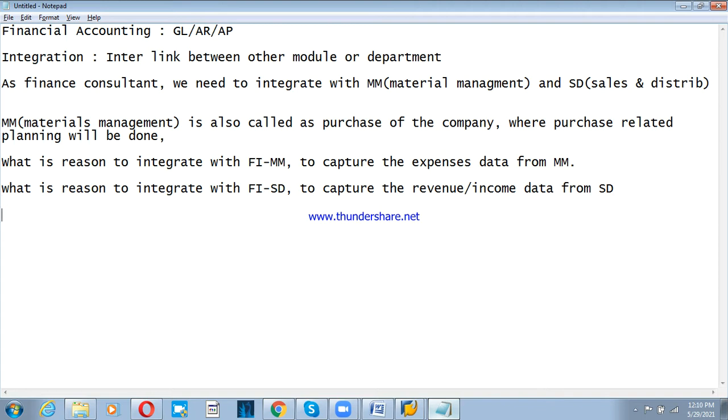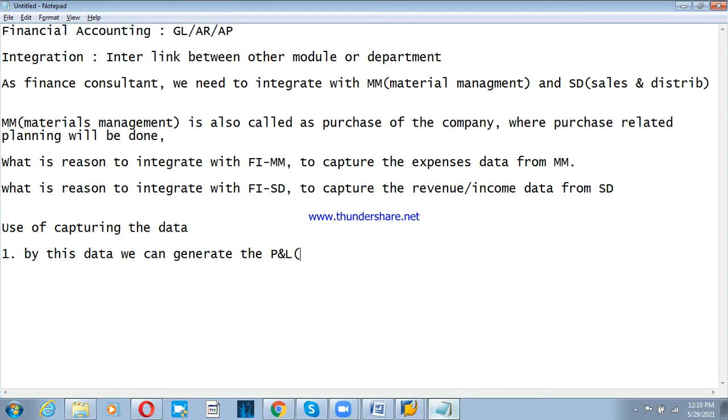So what is the use of collecting this data? Number one, by this data finance people can generate the profit and loss account, which is also called the income and expenses statement.